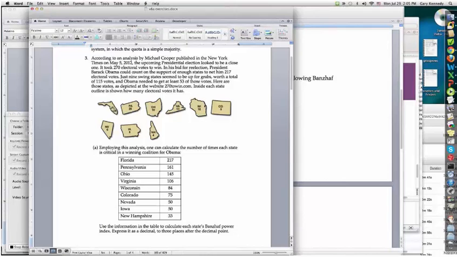Well, what one can do is to go through and calculate all the winning coalitions and all the critical players. As you can imagine, this could be a rather tedious job. Since there are 9 players, there's lots of possible coalitions to consider. So this is not a calculation one would want to do by hand. But using a spreadsheet, I was able to do this without too much trouble, and I could figure out how many winning coalitions there were.